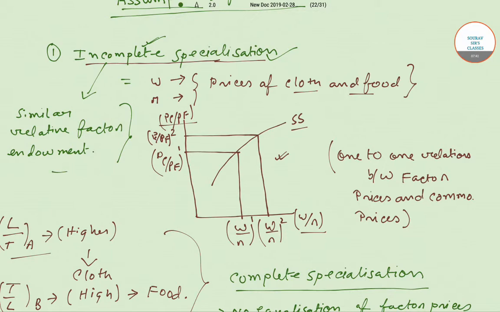To put it from the other side, the factor prices need not be equalized between countries with different ratios of labor to land. So incomplete specialization is an important assumption of factor price equalization.